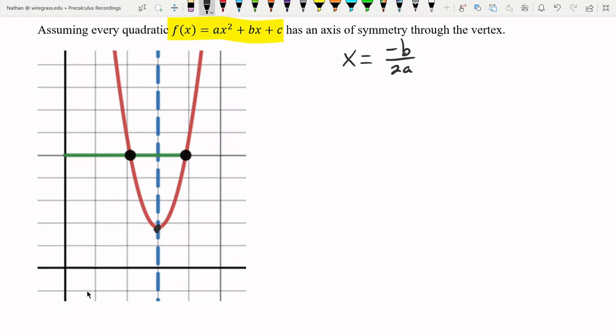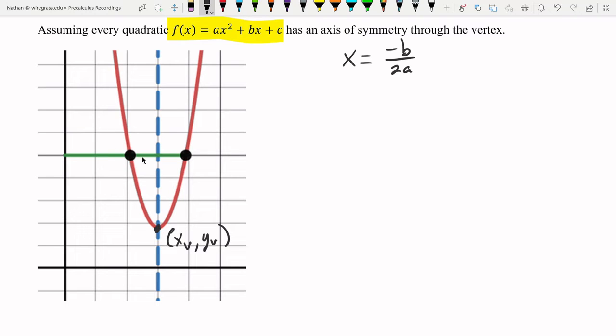We're not giving labels on anything because I don't want you to think of this thing as specific values. So this point here is going to be xv, yv, xv standing for x coordinate of the vertex.